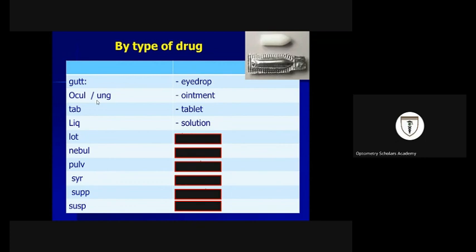LOT means lotion. NEBUL means a spray. POW means a powder. SYR means syrup. SUPP means suppository. SUSP means suspension.